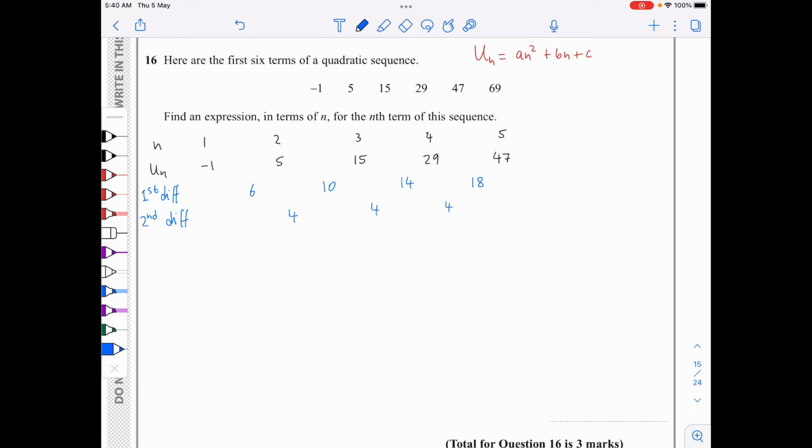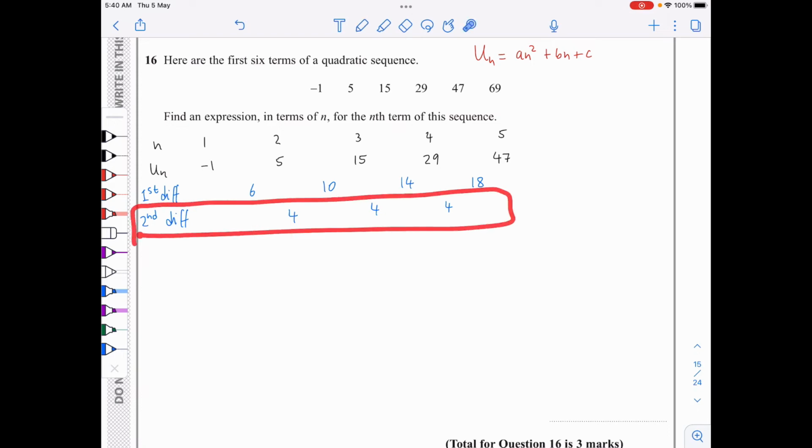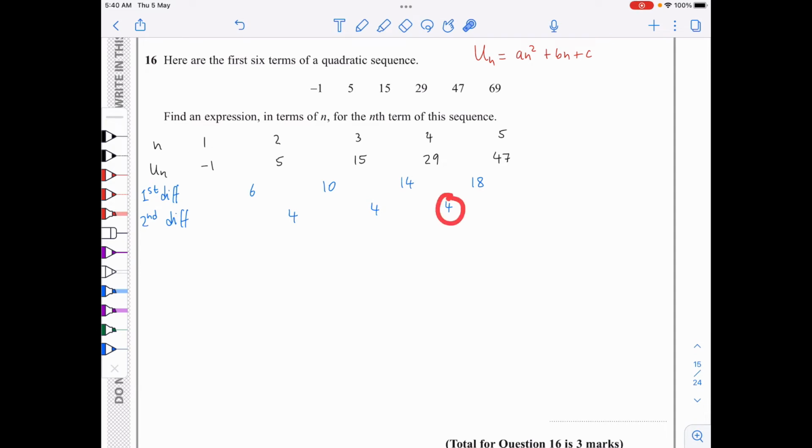And that's a property of quadratic sequences, that the second row of differences is going to be a constant number. In this case, it's 4. And actually, this constant number here will give me the value of a in the expression for the nth term of this quadratic sequence.